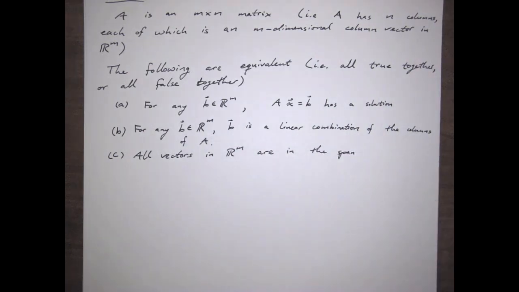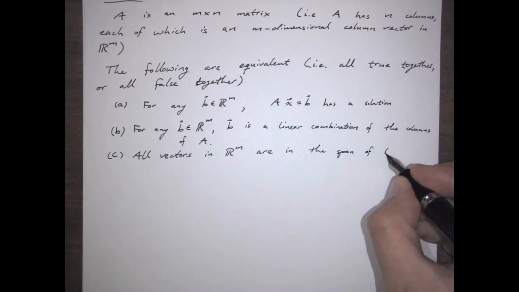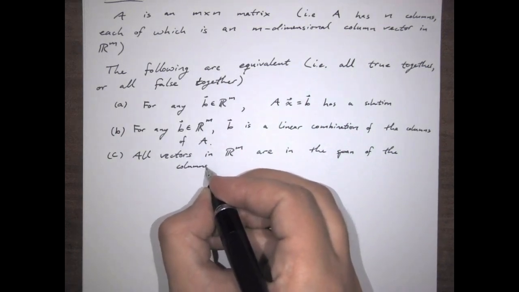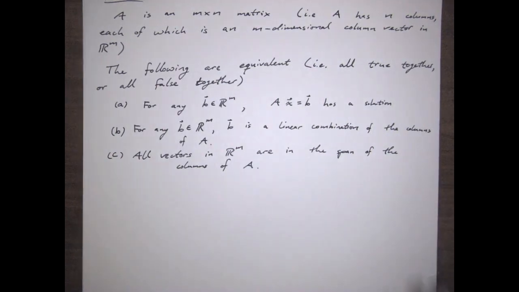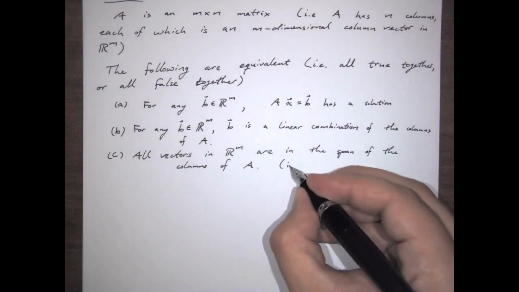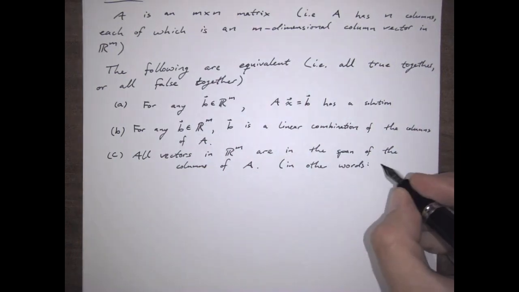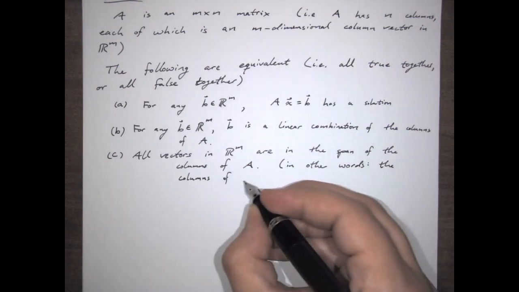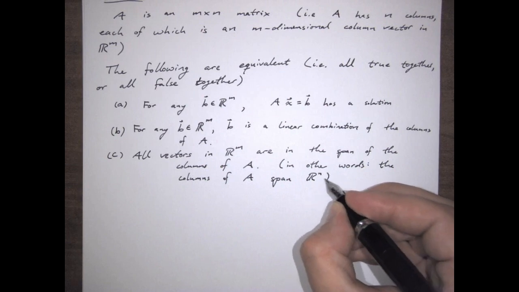So span, remember, from section 1.3, is the collection of things that you can make out of linear combinations, are in the span of the columns of A. So another way of wording this, so in other words, the columns of A span Rm.